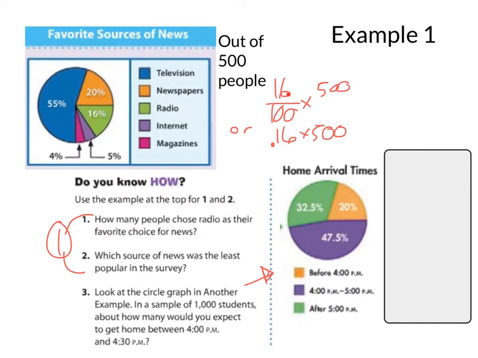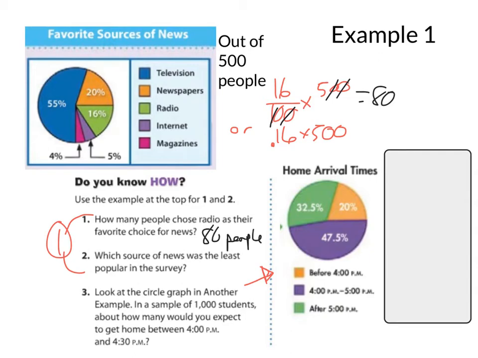We could think of that as 16% of 500 or 16% of 500. When we multiply that, let's find out what we would get. You can use a calculator for that. I would simplify these two. I get 16 times 5, which I know is 80. 80 people chose radio as their favorite choice for news.